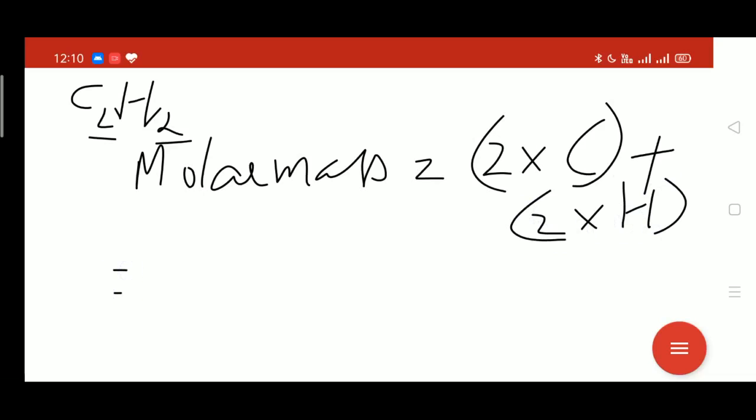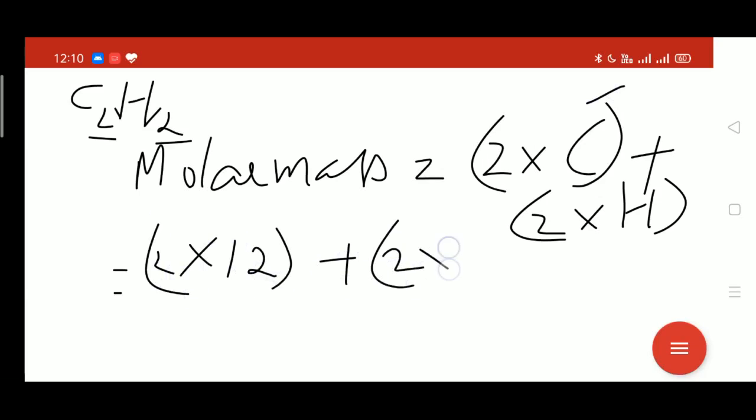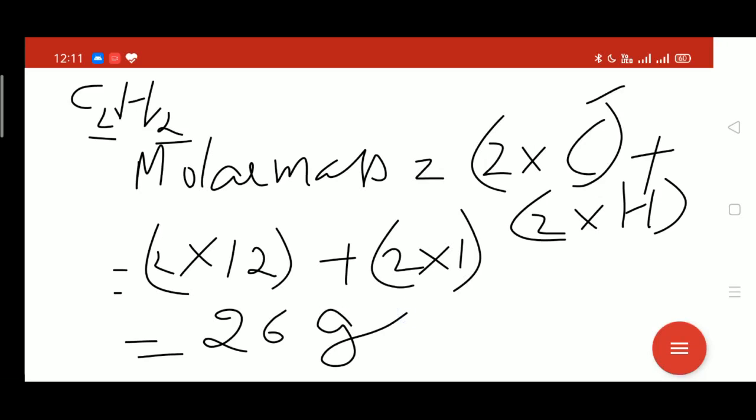On substituting the values of atomic masses of carbon and hydrogen, that is 12 for carbon and 1 for hydrogen, the answer comes out to be 24 plus 2, that is equal to 26 G. Note down students that since we are calculating molar mass, we will be writing G in place of U.